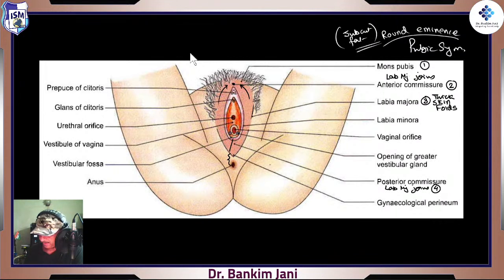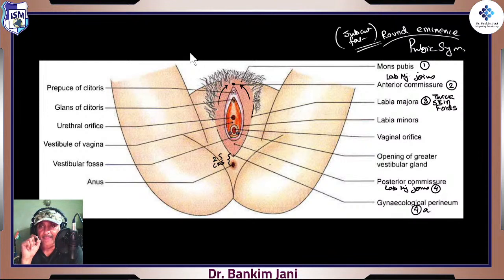This distance, the gynecological perineum, is just about 2.5 centimeters. So we write 4A. Right now we are not discussing more about it, we'll come back to that.